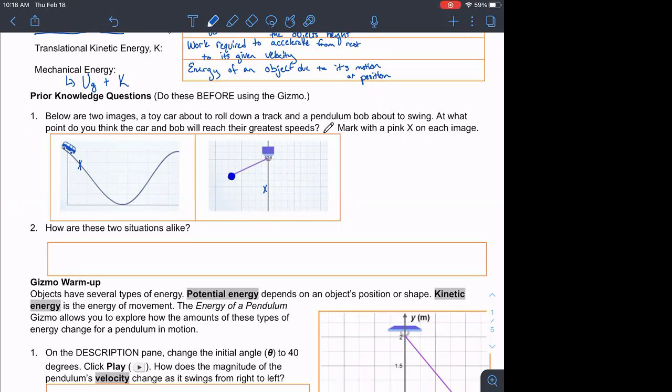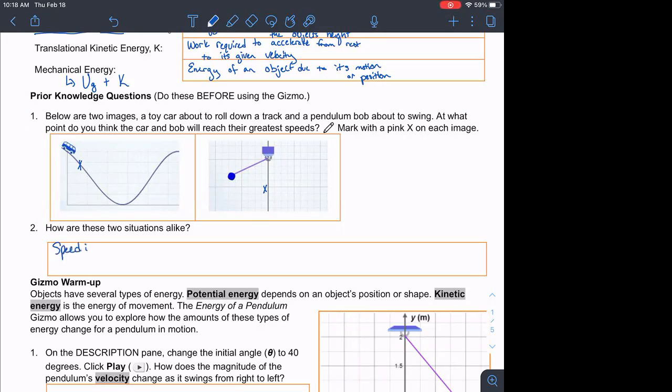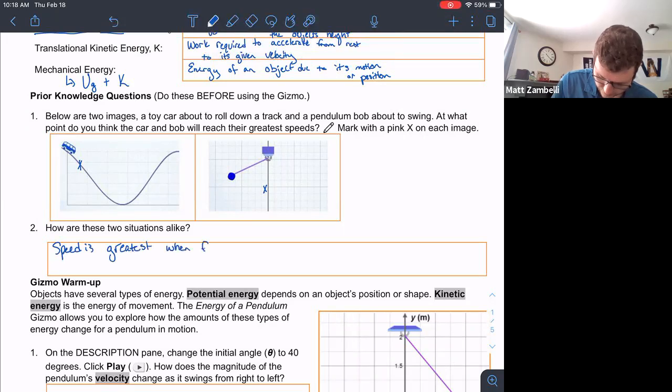What I saw that was similar is that it's the greatest speed when it's falling. All right. Speed is greatest. And falling.